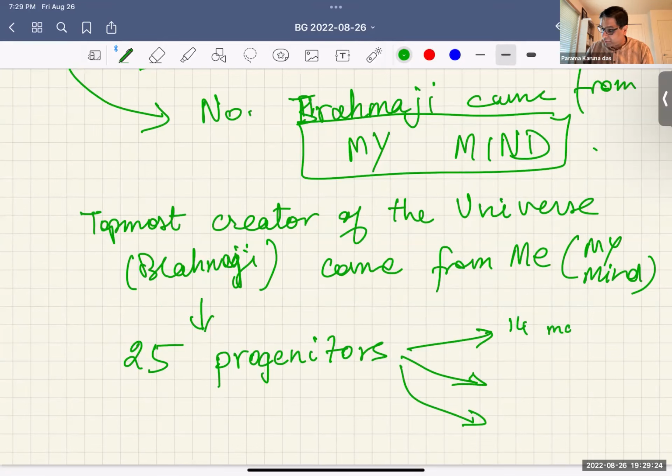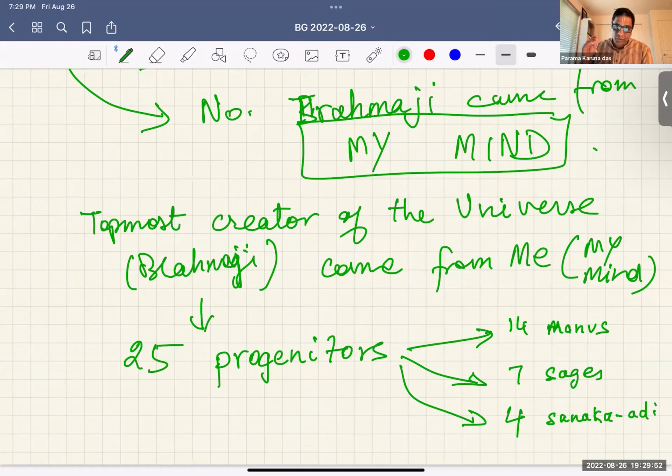The 14 Manus, the 7 sages, the Saptarishis, and the 4 Sanaka Adi Rishis, what is known as the 4 sages, the 4 Kumaras. They are Sanaka, Sanatana, Sanandana, and Sanat Kumar.